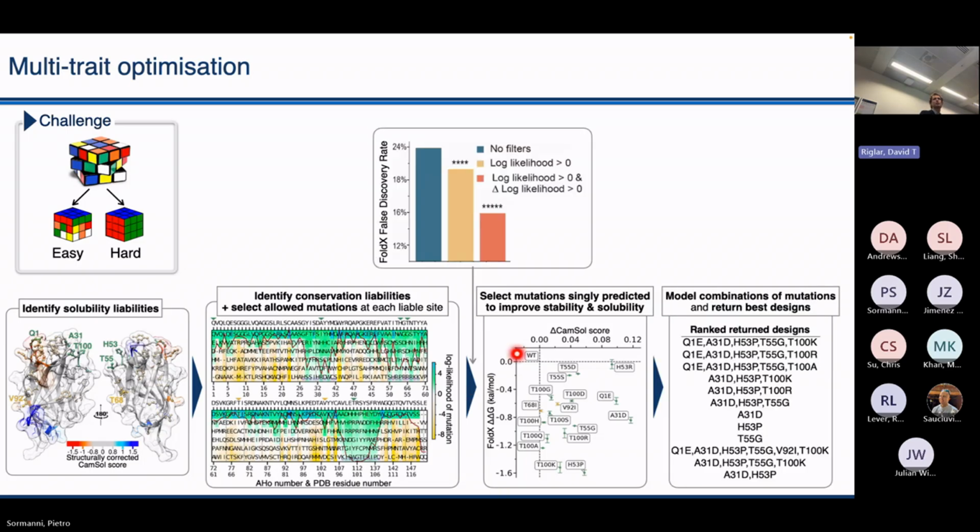The interesting thing here is that this step of the alignment is really important because this grounds your algorithm into a space that is evolutionary and biophysically grounded. So you're looking at things that occur in nature.